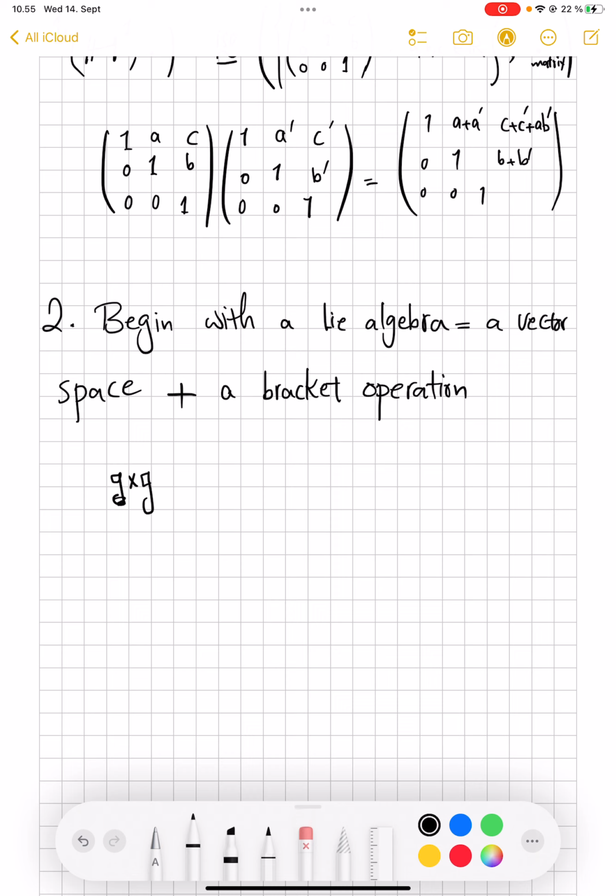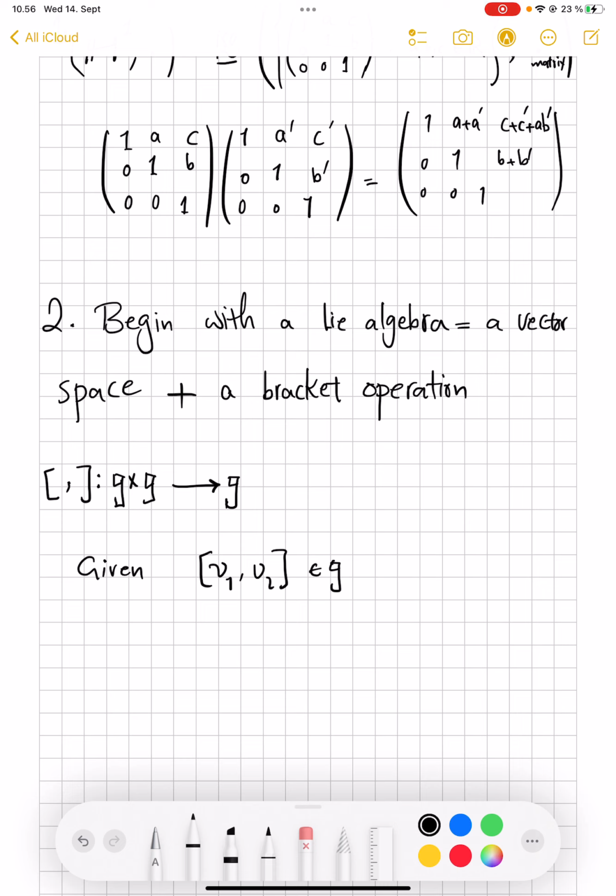So this G, I want to make it squarish, is the Lie algebra, and then a bracket is a binary operation from the product of this vector space to itself. We don't give it a name, rather we represent it with brackets. That means given two vectors in this space, v1 and v2, we find a third vector in the space, which is called their bracket.